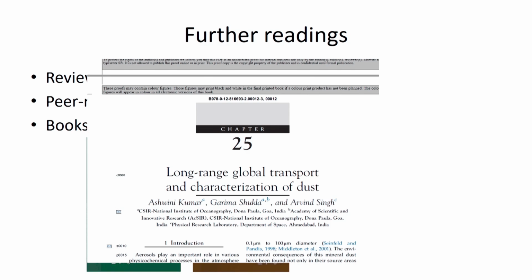I did not specifically discuss much about the climate related to dust, because it's very complicated. Today I just gave you some idea about how the global dust distribution pattern affects our system and global climate. This is very important, but it is also important how much interest you put into it.